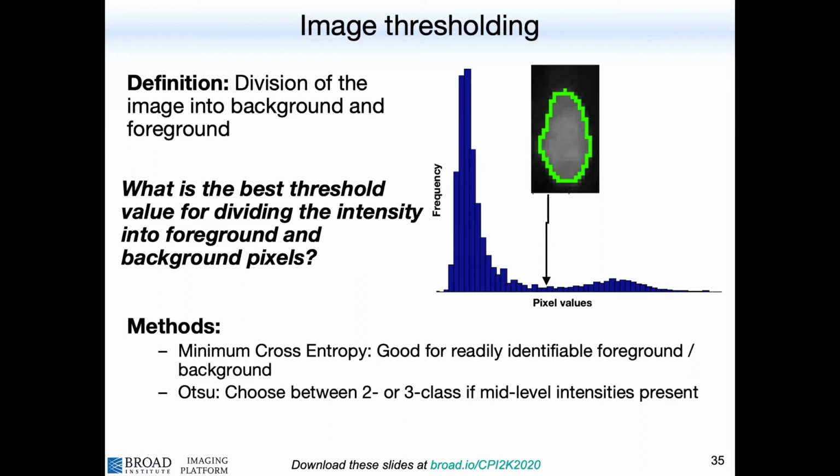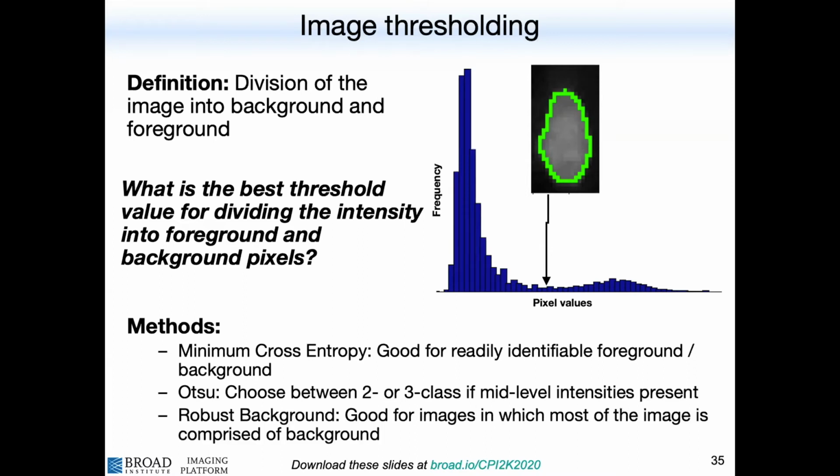You can choose whether to send the middle peak to be part of the foreground, the objects you want to detect, or the background, what you don't care about. Another option is robust background, which is great for speckly objects. If anyone here works on FISH experiments, where most of the image is background and less than 5% is actually signal, robust background does a very nice job.